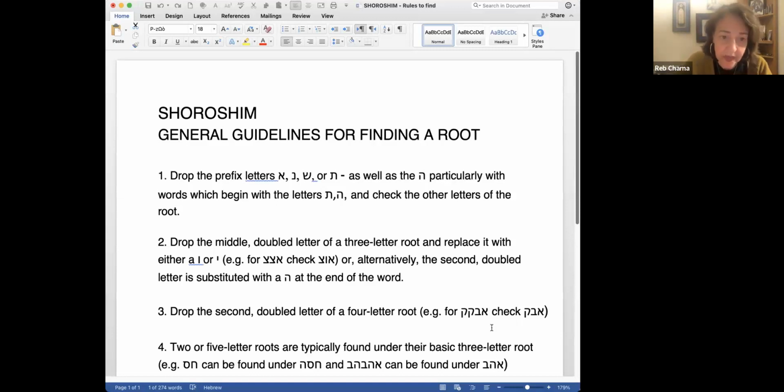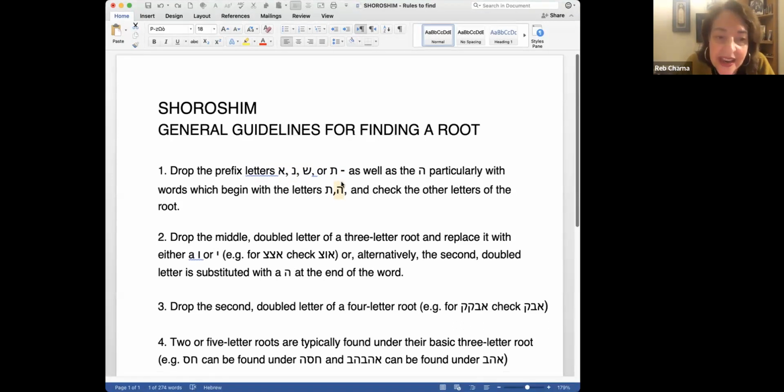Some of the prefix letters you'll see in a word, and we'll have examples soon, are aleph, nun, shin, or tav. If you have trouble finding a root, sometimes it's because these prefix letters need to be dropped. Sometimes the hey as well, especially with words that begin with these letters.